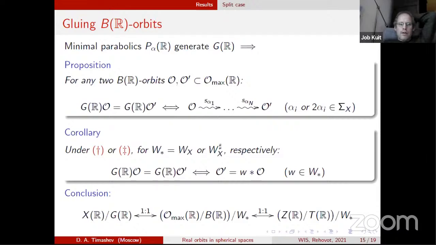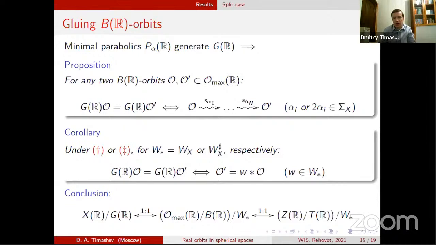In one open B(R) orbit in a given G(R) orbit, do you then get representatives of the other B(R) orbits? Yes.